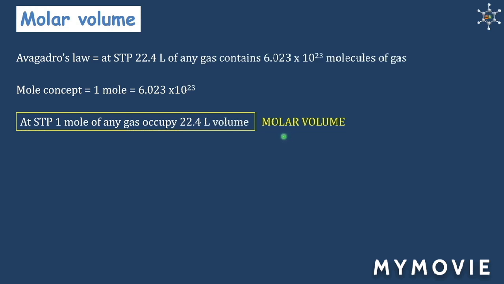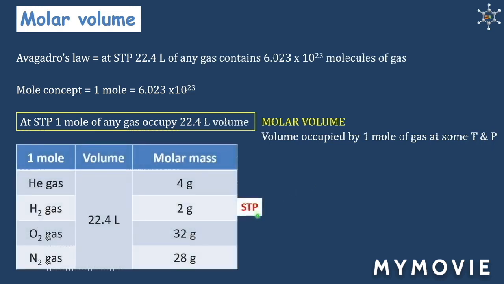In a general way, we can define molar volume as the volume occupied by 1 mole of gas at some temperature and pressure. If we consider STP, then 1 mole of helium gas at STP occupies 22.4 liter volume, and we know that 1 mole of helium gas weighs 4 gram.